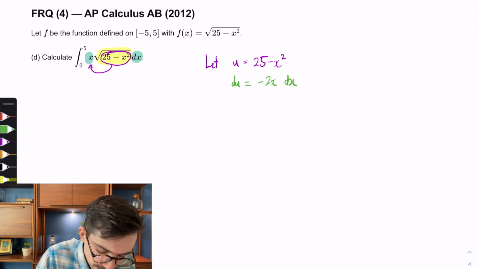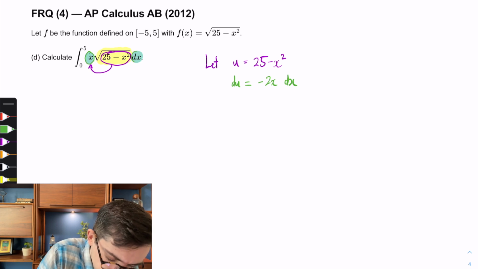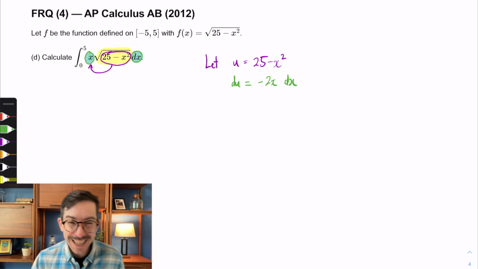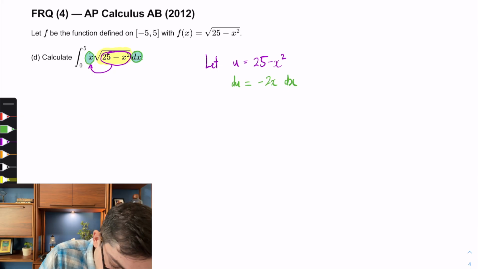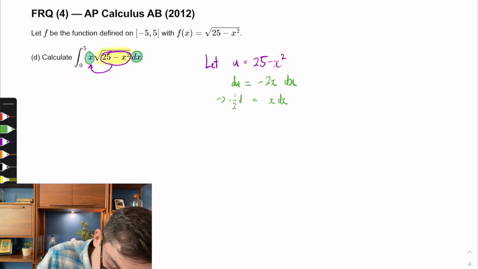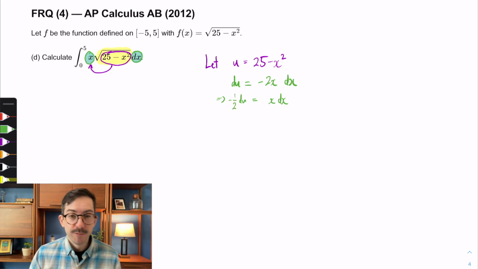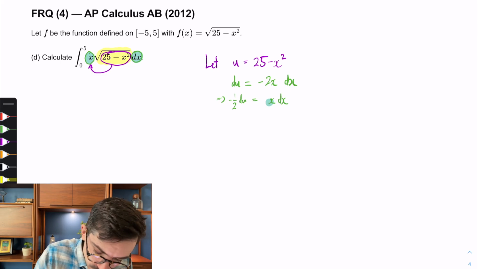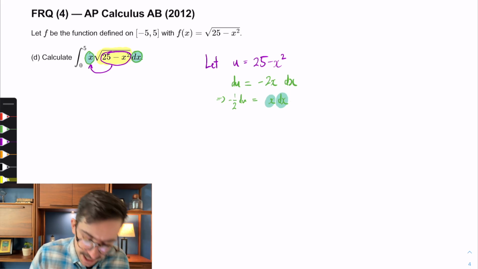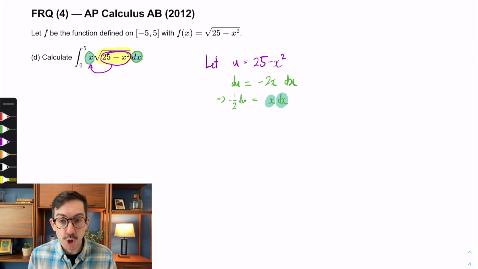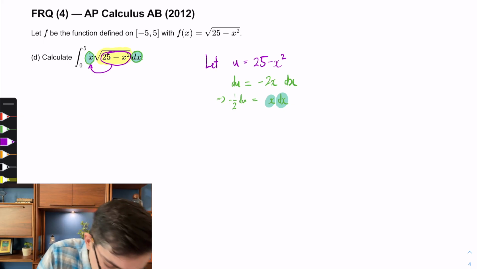Of course, what I see here in my integral is x dx. So let's rearrange and write x dx is -1/2 du, just dividing both sides by -2 there. So my x dx pair, I'm going to be able to substitute in the next line.